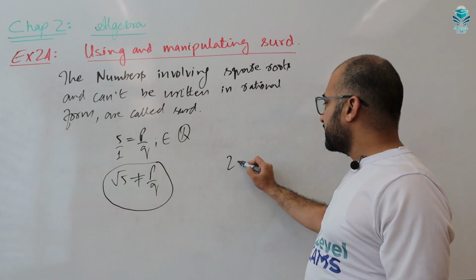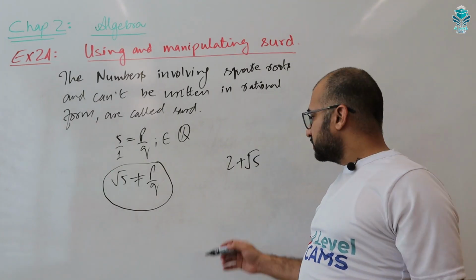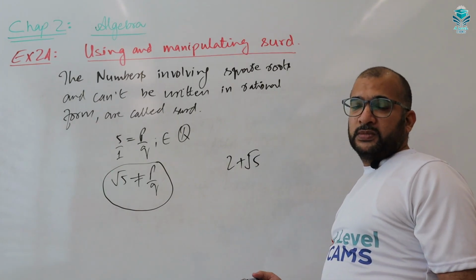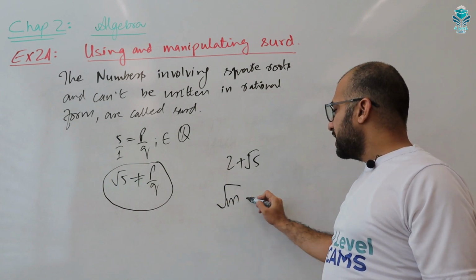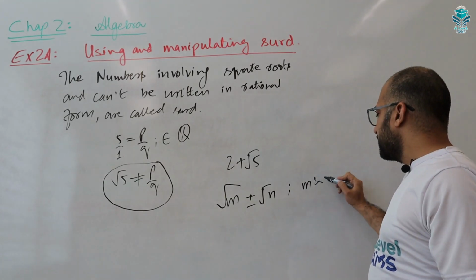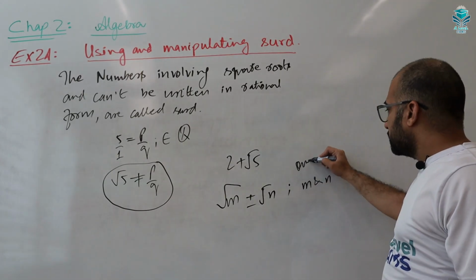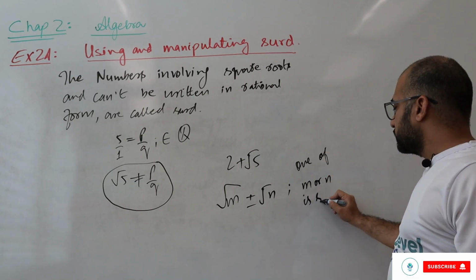You can write another surd, 2 plus square root 5. Any number of this form is called a surd. If we write m plus or minus square root n, provided one of m or n is square free.